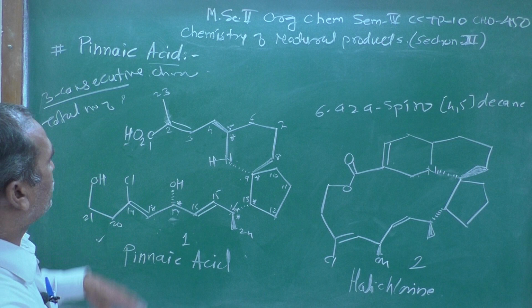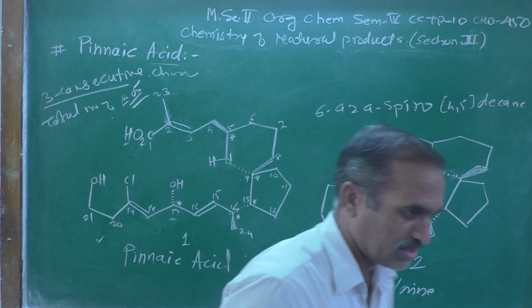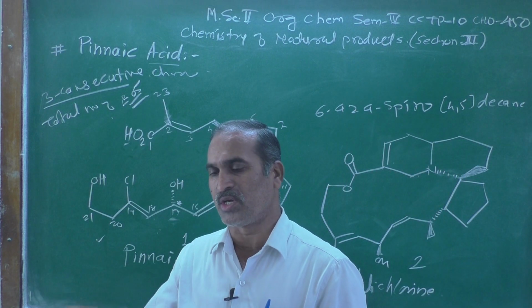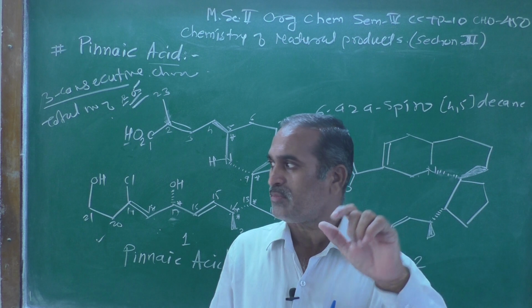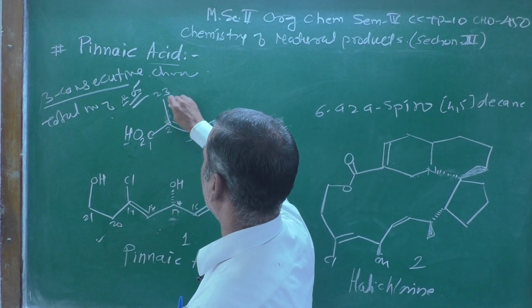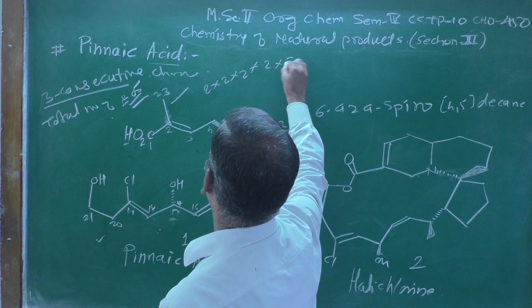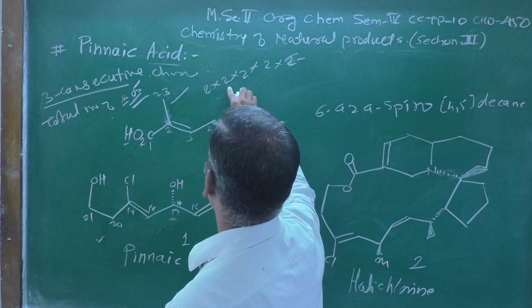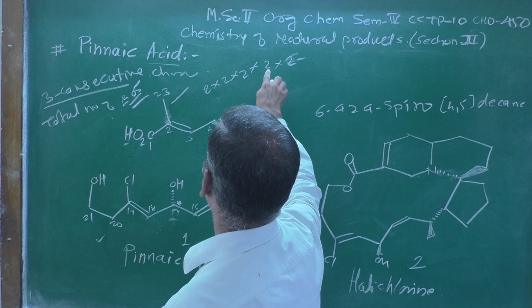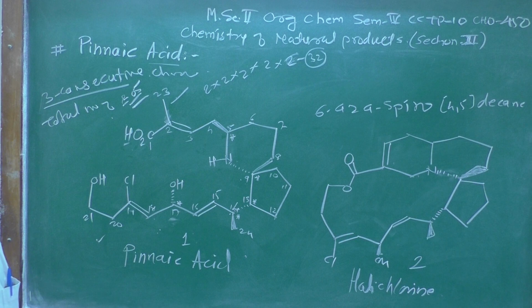So the total number of chiral centers present is 5, and for 5 chiral centers, according to the Van't Hoff rule, 2 raised to n is equal to the number of isomers you are going to get. 2 into 2 into 2 into 2 into 2, 5 times, 1, 2, 3, 4, 5 times 2, gives 32 isomers of this kind of structure.